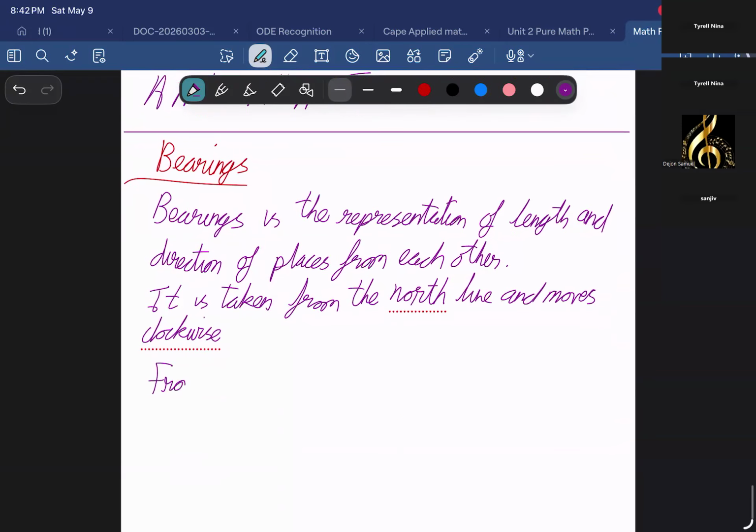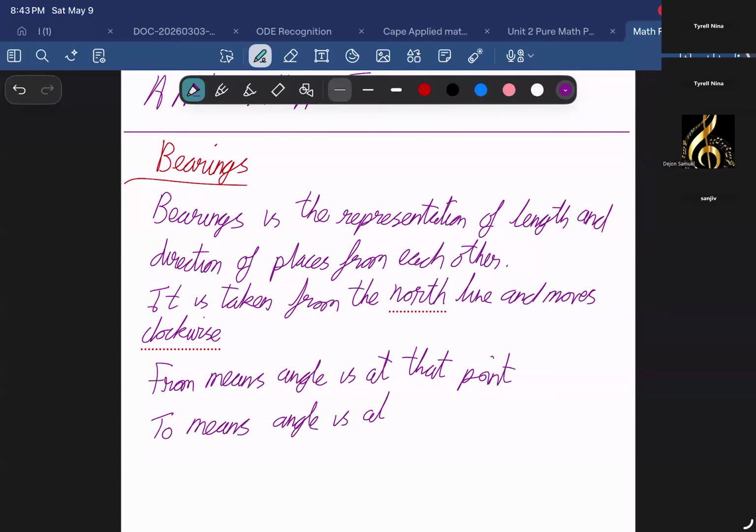From means the angle is at that point. To means the angle is at the other point.